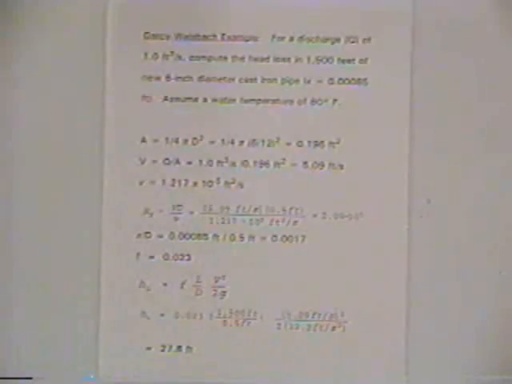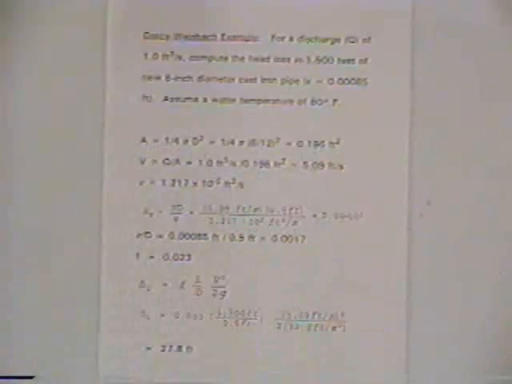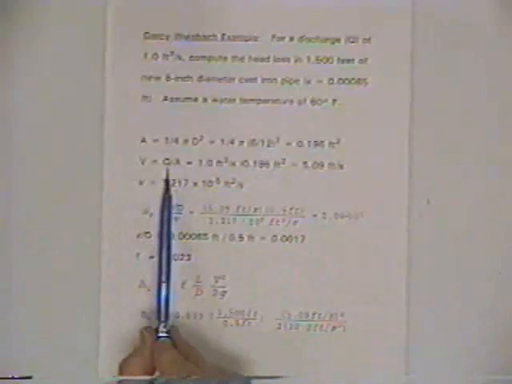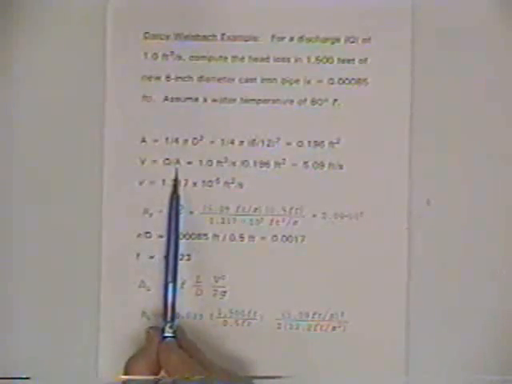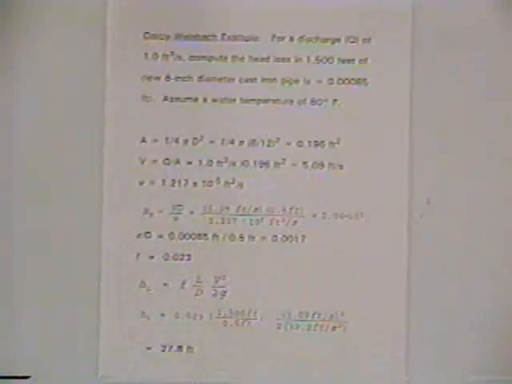And we've got a circular pipe, and area is 1/4 pi d squared, so we've got the area of the pipe. Here's an equation that we've seen several times already. Velocity is just the volumetric flow rate divided by the cross-sectional area through which the flow is flowing. So V is Q over A, and we can get the mean velocity. We'll need that mean velocity to compute the Reynolds number.